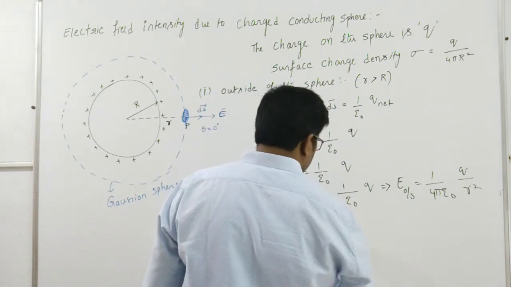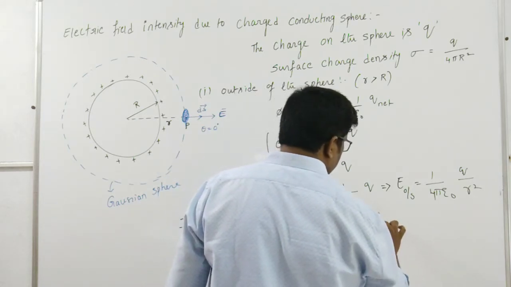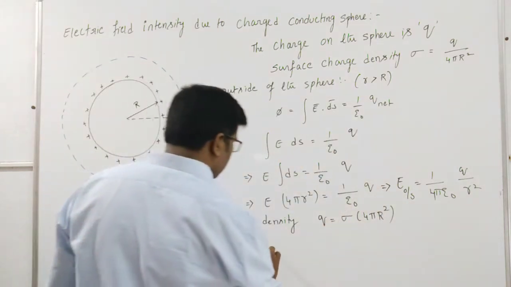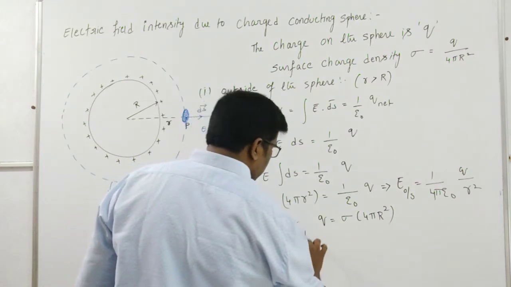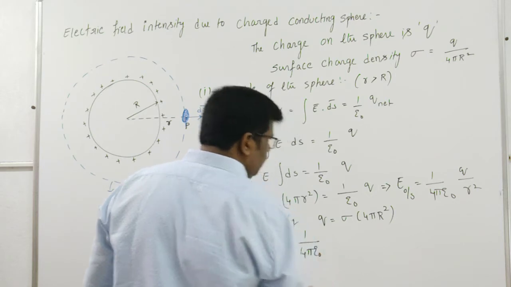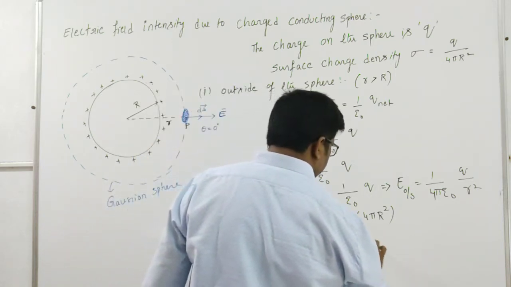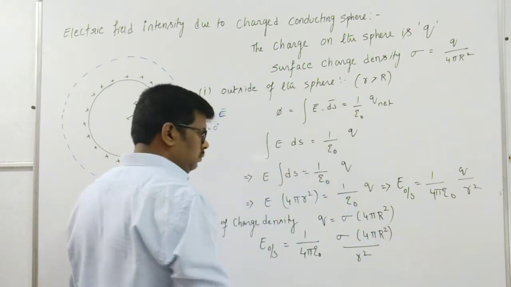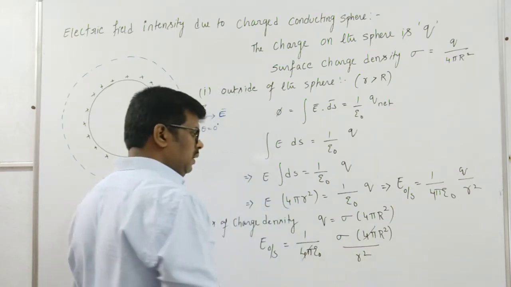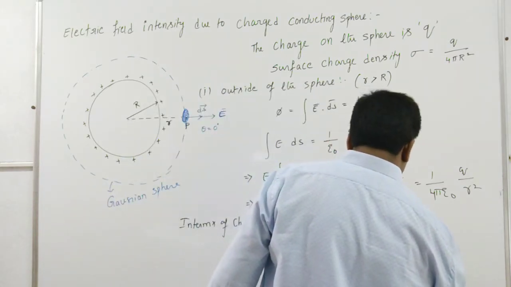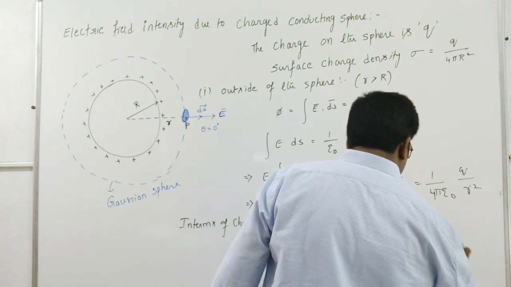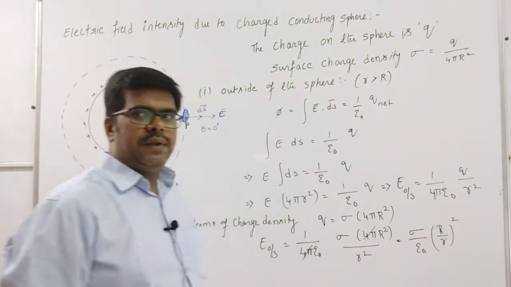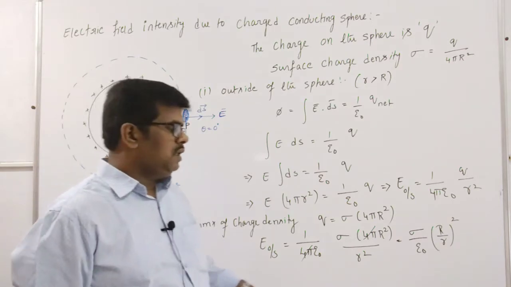If you write that in this expression, E outside equals 1 upon 4 pi epsilon naught, q means sigma into 4 pi R square, by small r square. Then 4 pi is going to be cancelled. Then we can write sigma by epsilon naught into capital R by small r whole square. So this is the electric field intensity outside of the conducting sphere in terms of charge density.